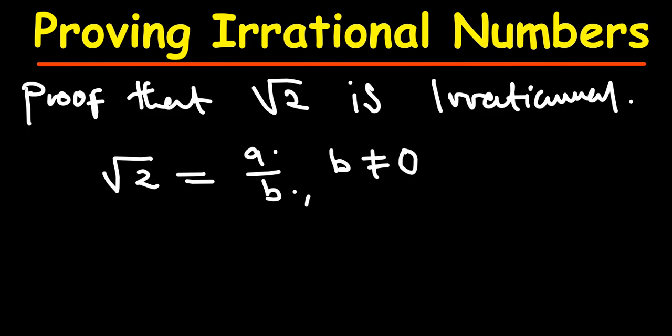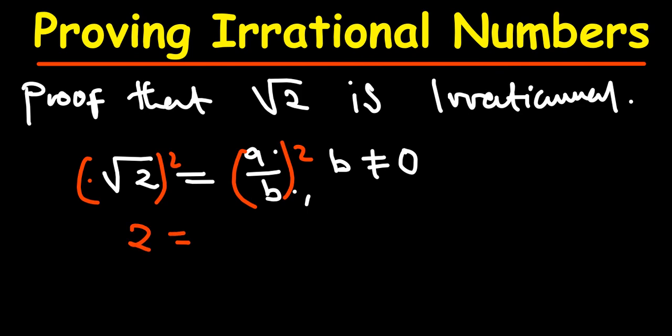From here, we are going to square both sides. Why are we squaring? So that we remove this root of 2 there.